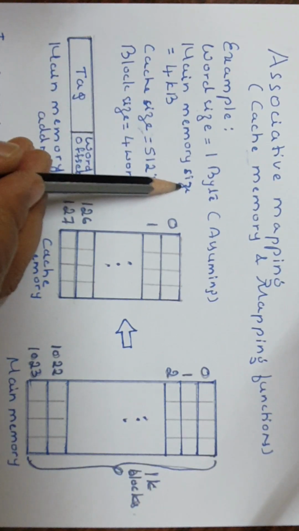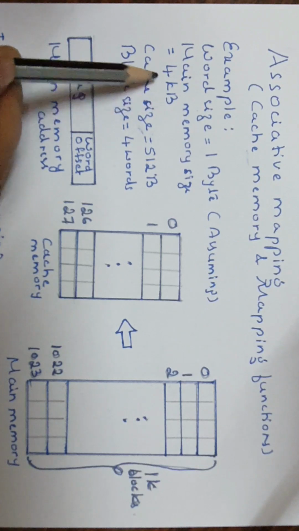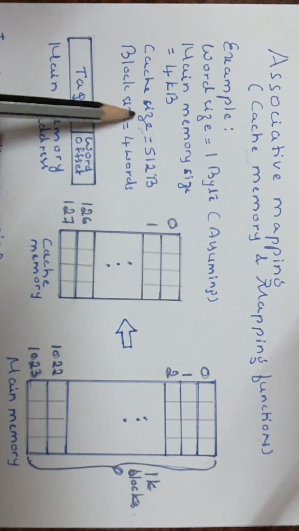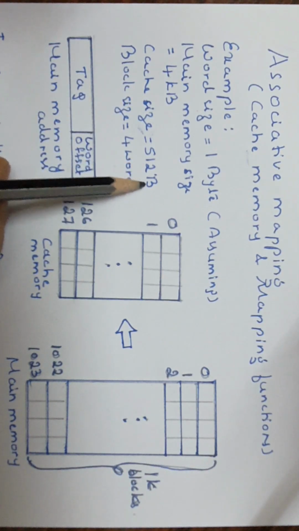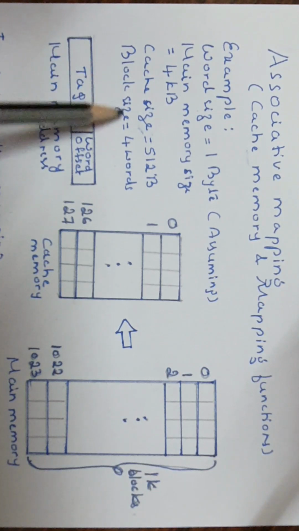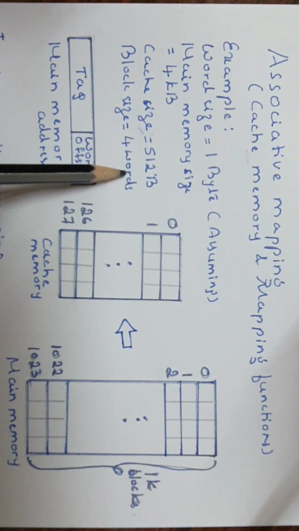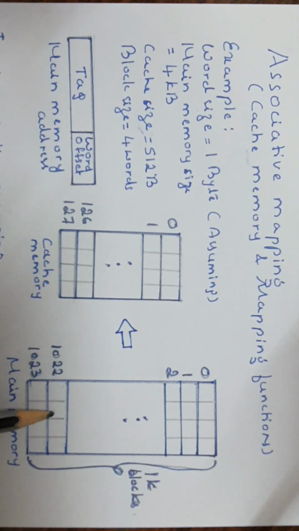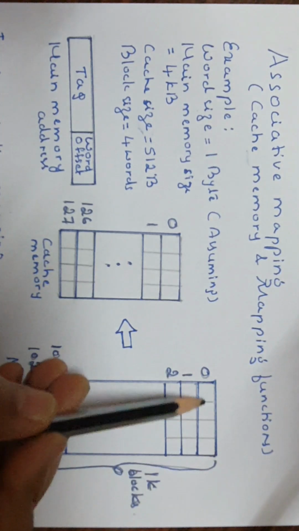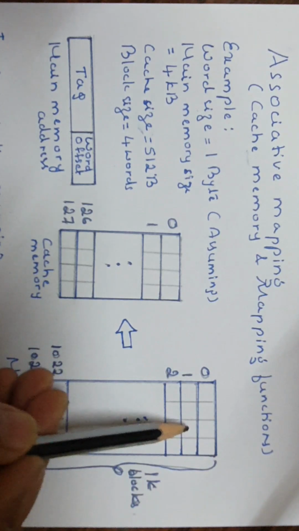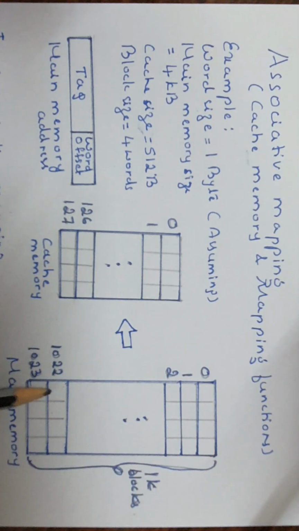Main memory size is 4 KB, cache size is 512 bytes, and block size is 4 words, that is 4 bytes. In the figure, main memory is shown here and this is cache memory. These are blocks: block 0, block 1, block 2, till block 1023.